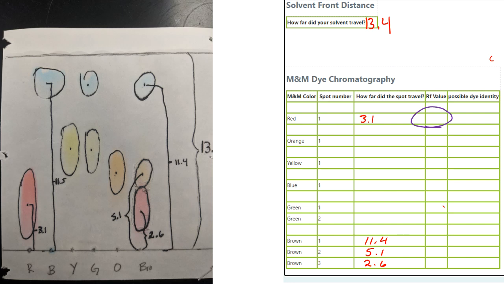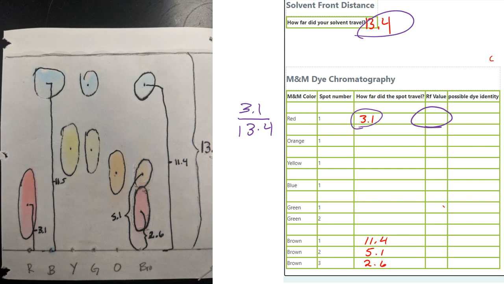So for this red dot here, I'm going to show you how to calculate this RF value. You take the number here, how far it traveled, 3.1, and divide it by the number here, the distance the solvent traveled, 13.4. So you will just type in your calculator those values, and I have to grab my calculator here myself.